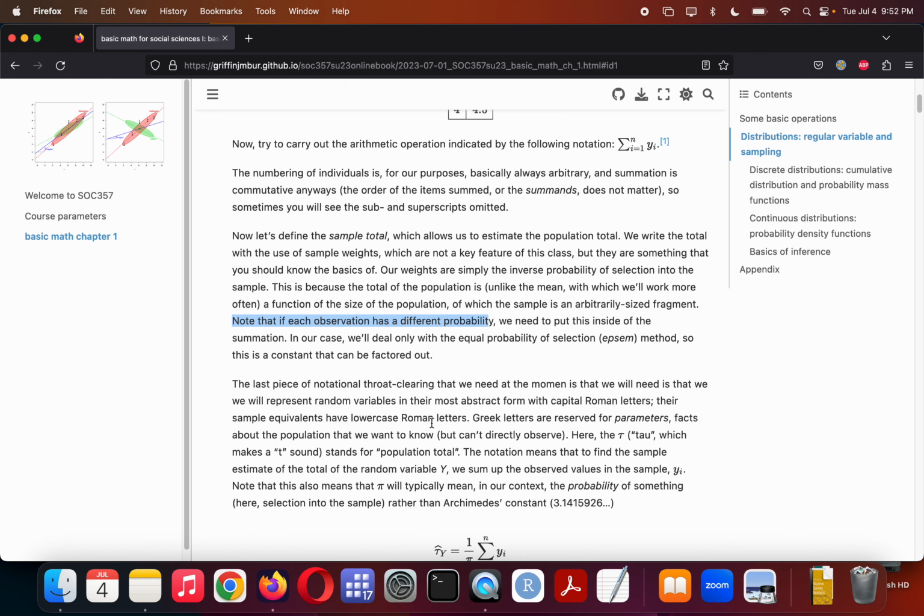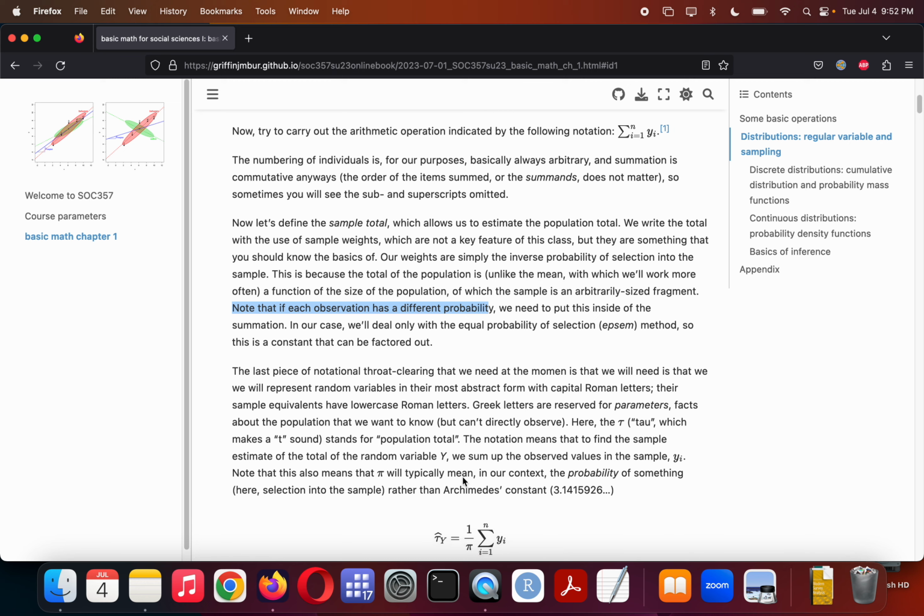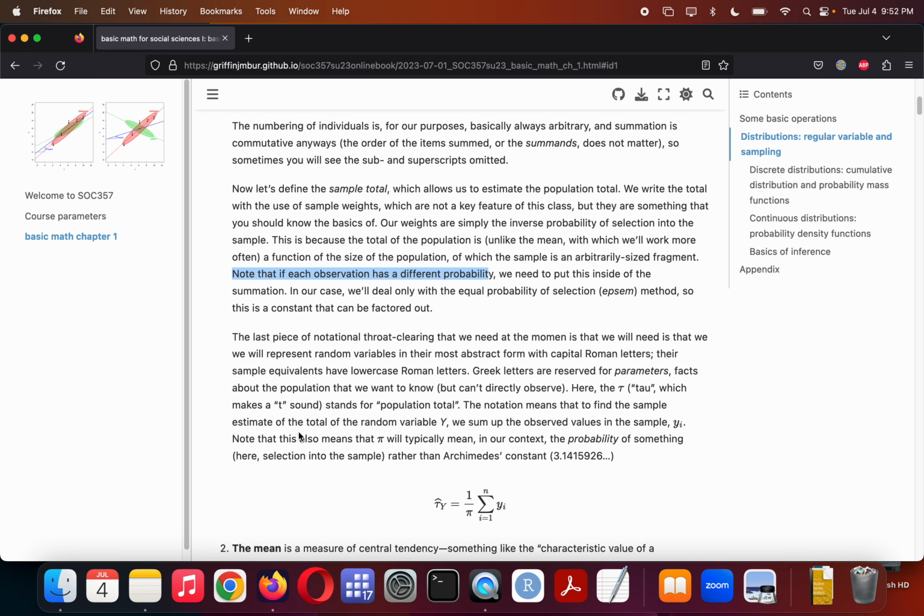So it's the concept of a particular person's income or education. Okay, finally, I wanted to mention one more thing about notation here. You'll sometimes see pi in this context, and here pi, again, the sound that the letter makes in Greek is informative, makes the P sound.